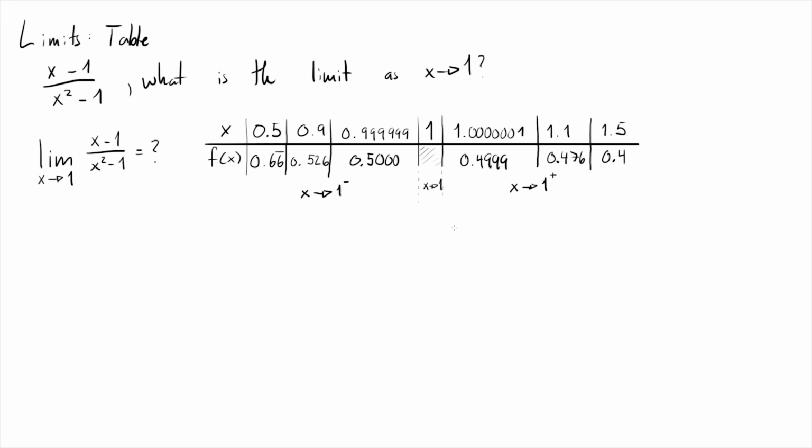Okay? And so this kind of idea actually brings up an interesting conversation where we can have a left-sided limit and a right-sided limit. Okay, and there's actually an interesting rule that comes from that. So let's go over that rule.